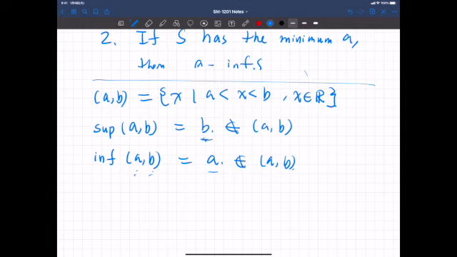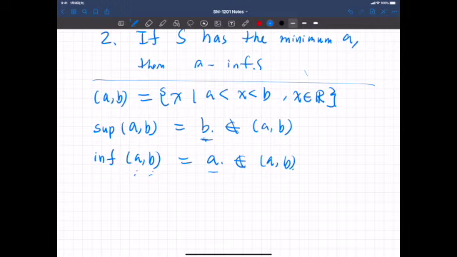That's because we can define supremum and infimum even if there are no maximum or minimum in a subset of real numbers.